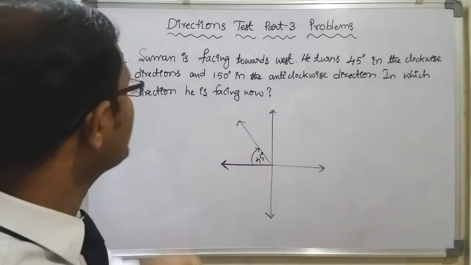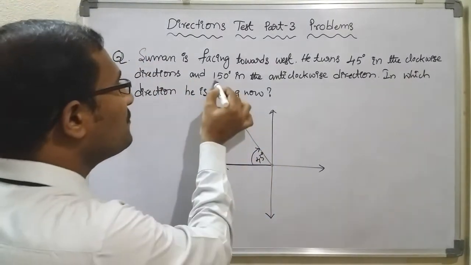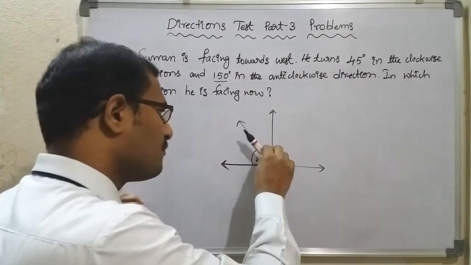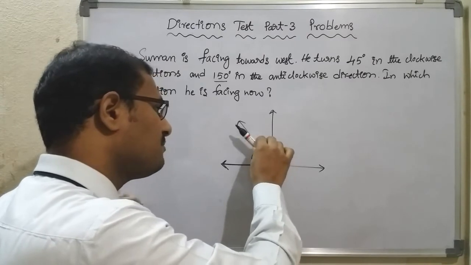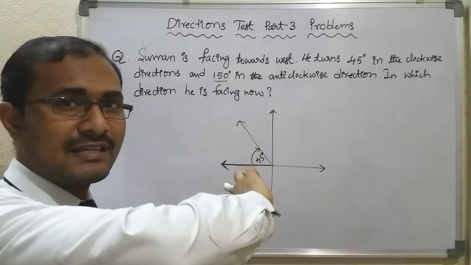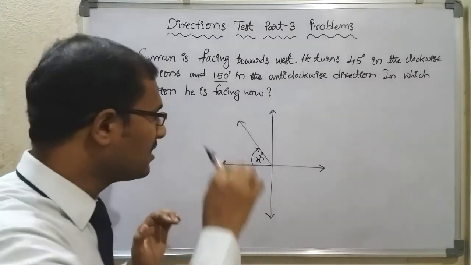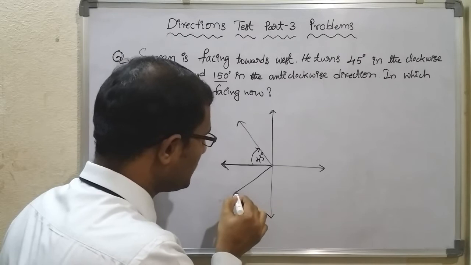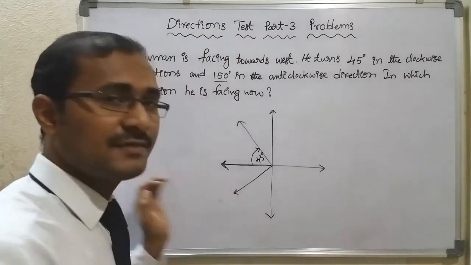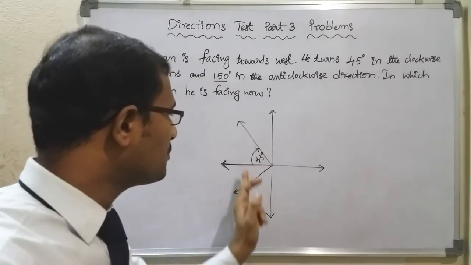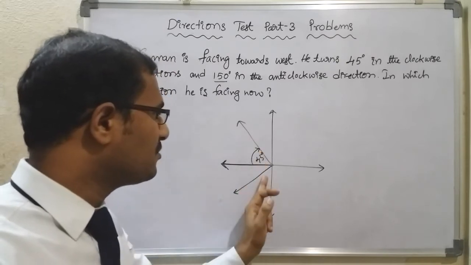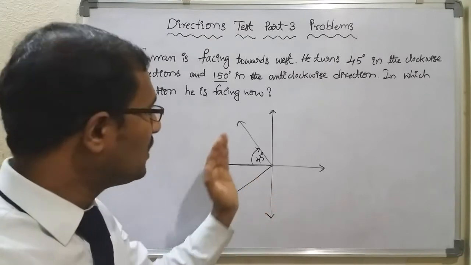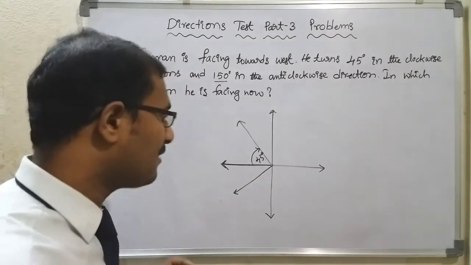And after that, what is the next condition? 150 degrees in the anti-clockwise direction. So now the same person has to turn 150 degrees in the anti-clockwise direction, exactly in the reverse direction. From this point up to here, can I say 90 degrees are covered? From this middle point to this middle point, 45 and 45 more, 90 degrees. How much do we have to cover? 150 we have to cover.